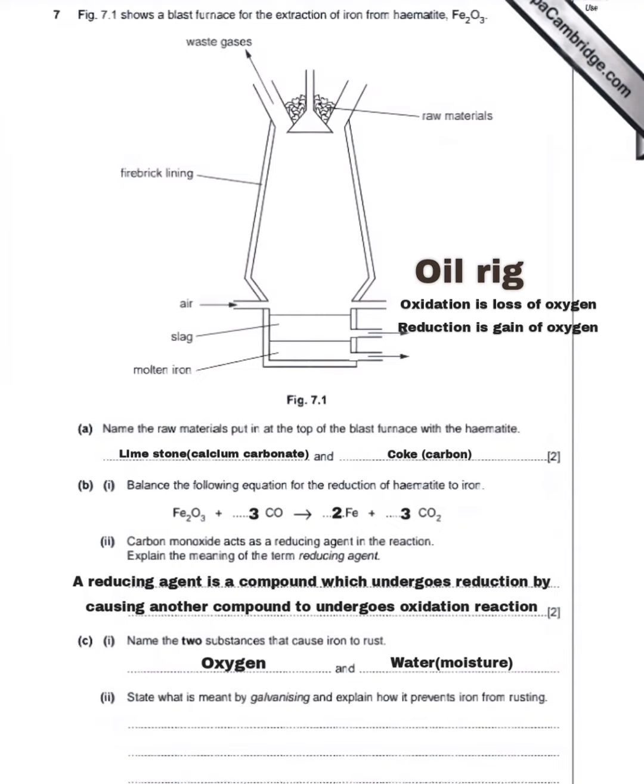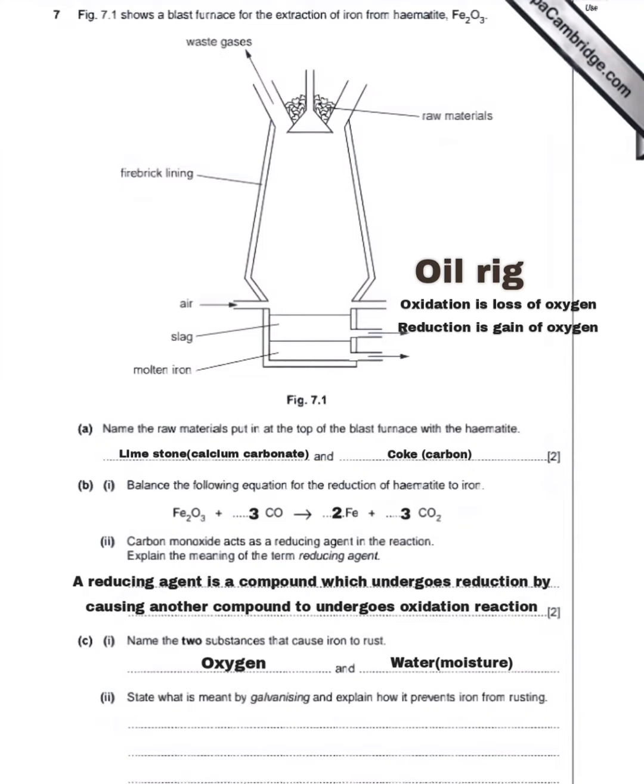So when you talk of galvanizing, this is just the method of preventing corrosion. Then what is corrosion? Corrosion is the process by which a metal reacts with oxygen in order to form a metal oxide. When a metal comes in contact with water, it is going to undergo corrosion by forming rust.